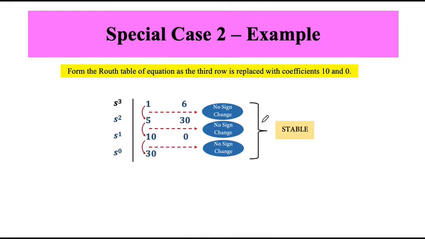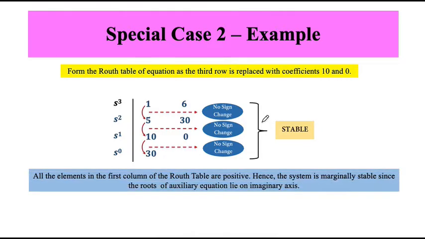And that's the Routh array. So I differentiate, I take 10, then I proceed with the rest of the computation, and this guy is 30, then I again check the sign change. There is no sign change, and therefore I can conclude that the system is stable because all elements of the first column are positive. There is something a little more here.